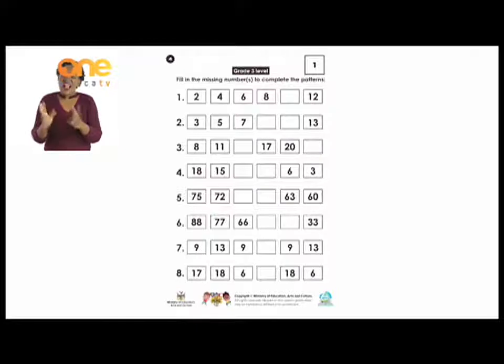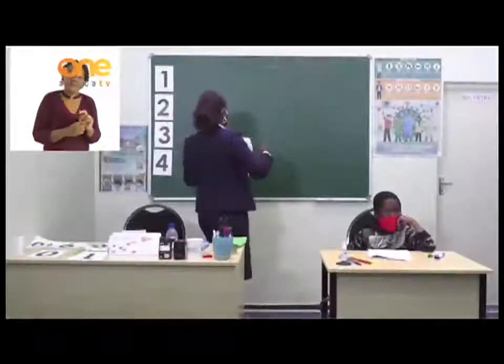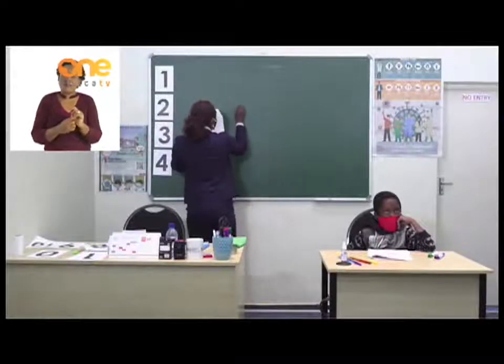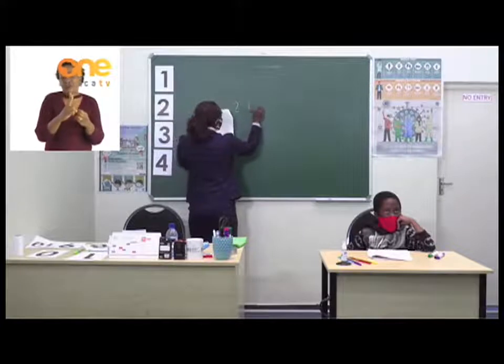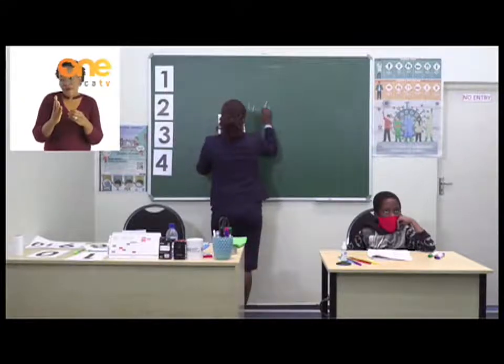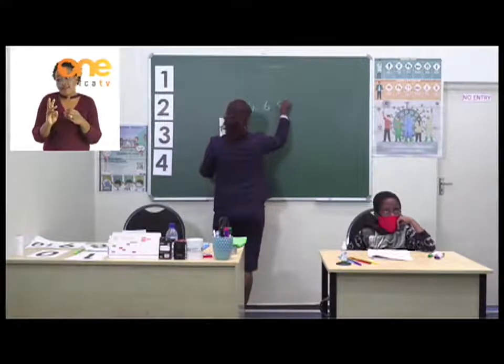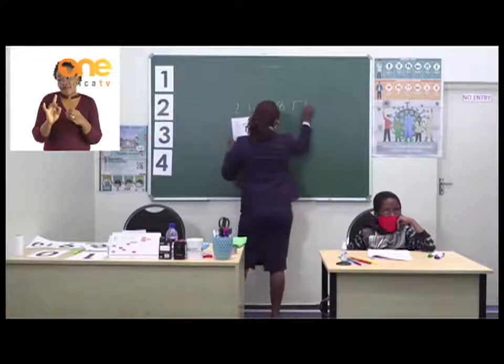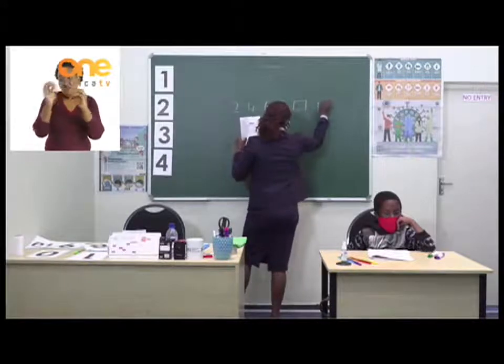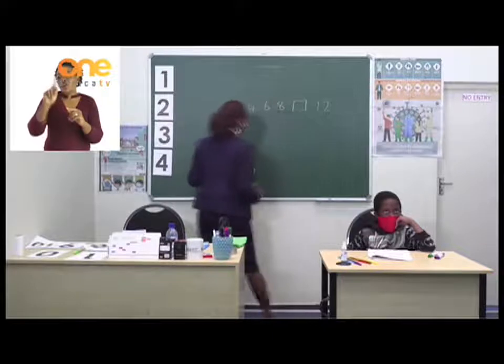How do we know the numbers that they are adding from the first number to the next number? I'm going to show it on the board. We have 2, 4, 6, 8, a box, and 12.